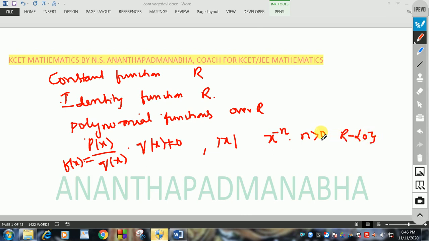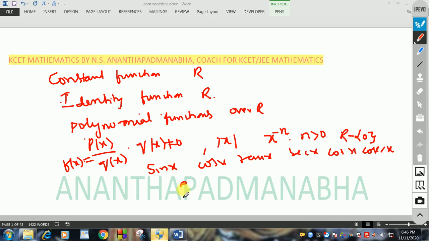domain R minus 0, and all trigonometric functions, that is sin x, cos x, tan x, sec x, cot x and cosec x, are continuous.